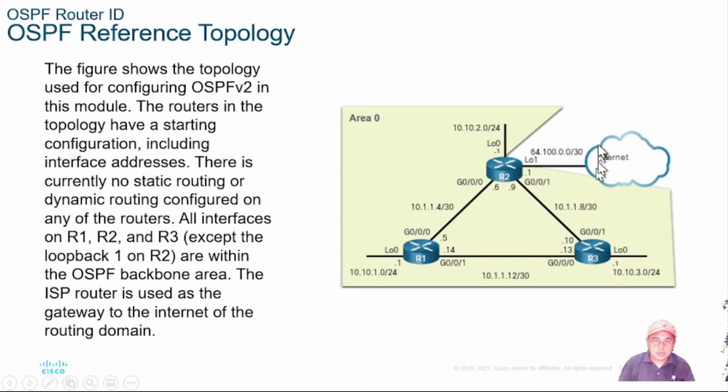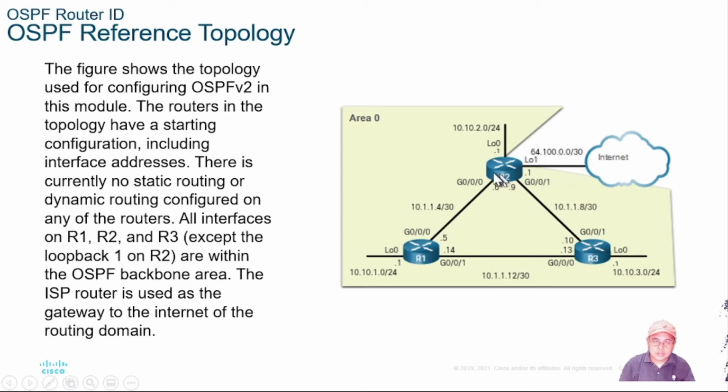And if you notice, we also have a connection going out to the internet. And we have a loopback address also, Lo1. And we have a public IP address to simulate the wide area network connection using Packet Tracer. That's also an address to be configured later on or in a future video. We have 64.100.0.0/30.